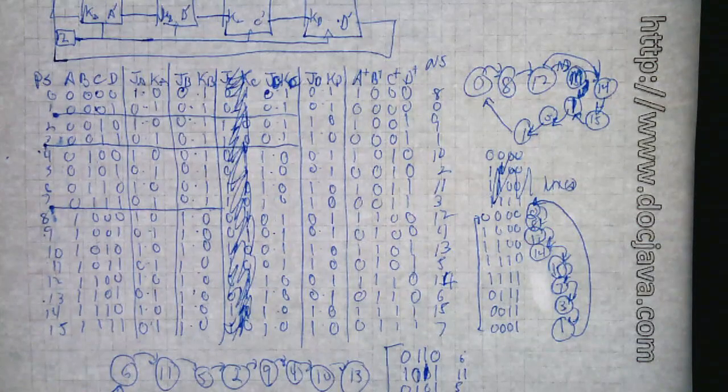of unclear. All right, so it says implement a 3-bit gray code counter using D flip-flops. Let's take a look at that. So I'm given a sequence.